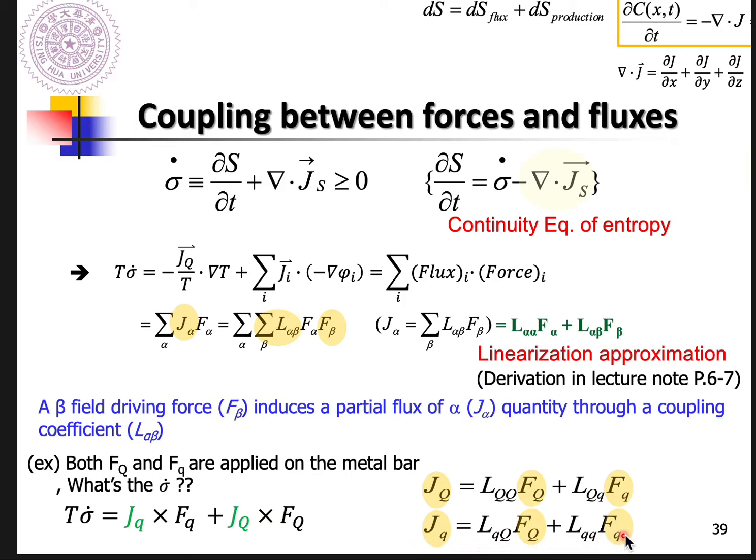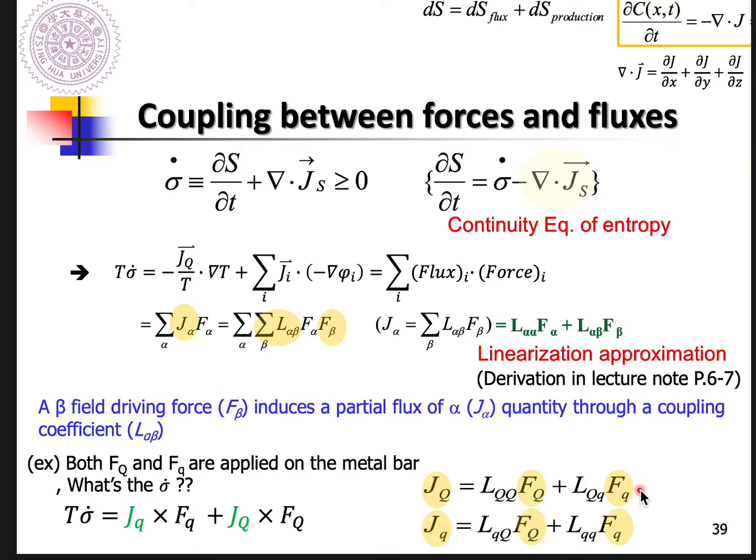So you can write this relationship here. As long as you put in the direct and coupling coefficients and plug in the driving force terms, you can get the flux, the current density, here. The same concept can be applied to the heat flow. Heat flow in the system is not only driven by F capital Q, the temperature gradient term, but also driven by the electric field.